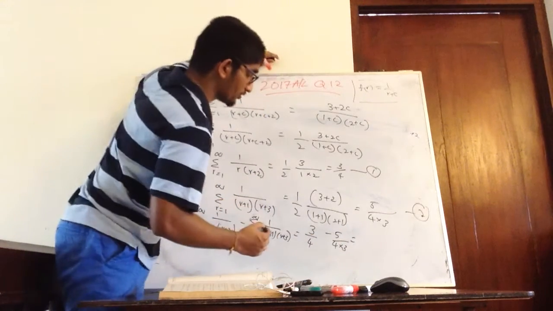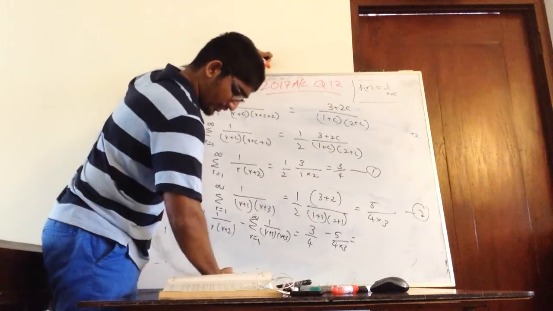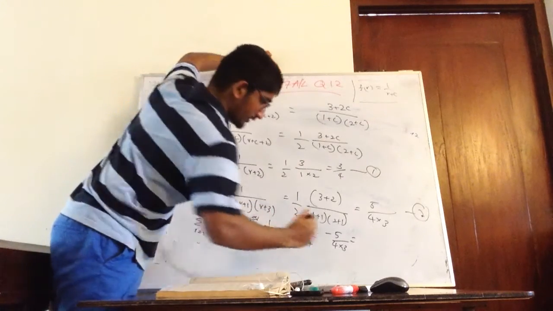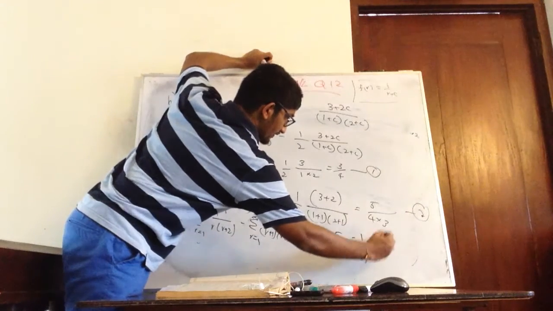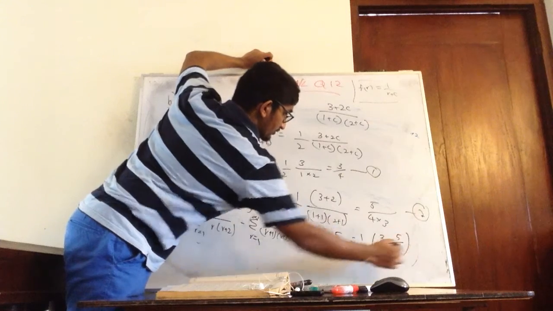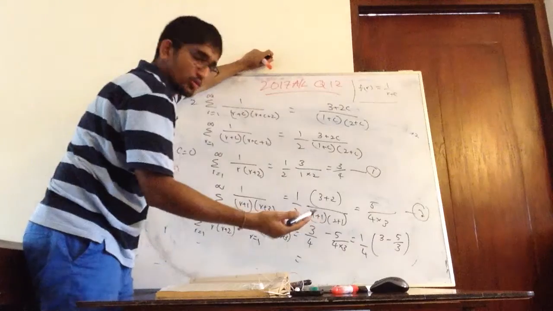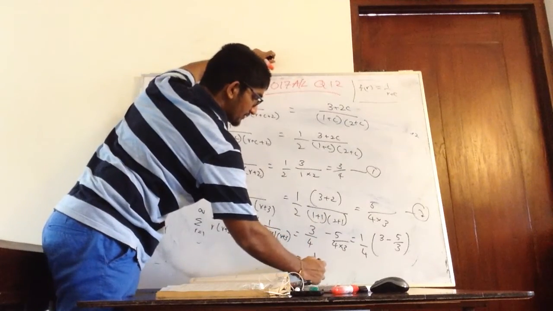So I'm going to take 1 over 4 out, right? Then I will get 3 minus 5 over 3, no? So that is 9 minus 5 is going to be 4. So then I will get 1 over 3.